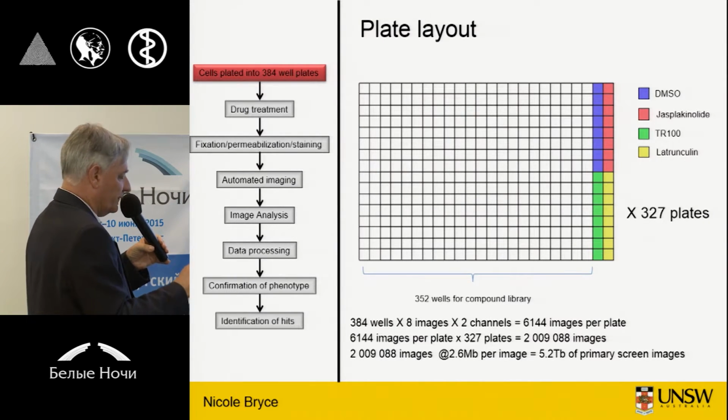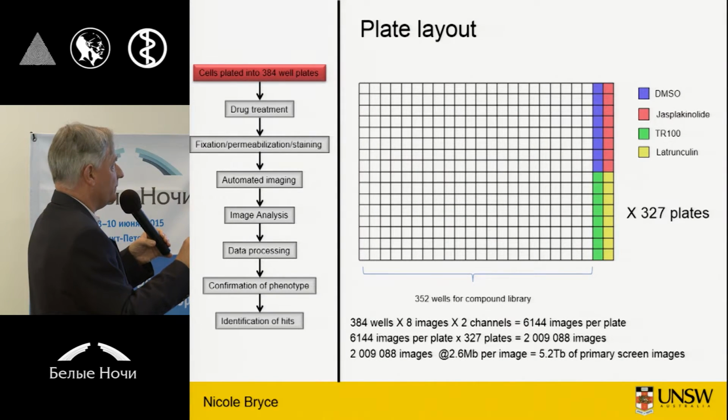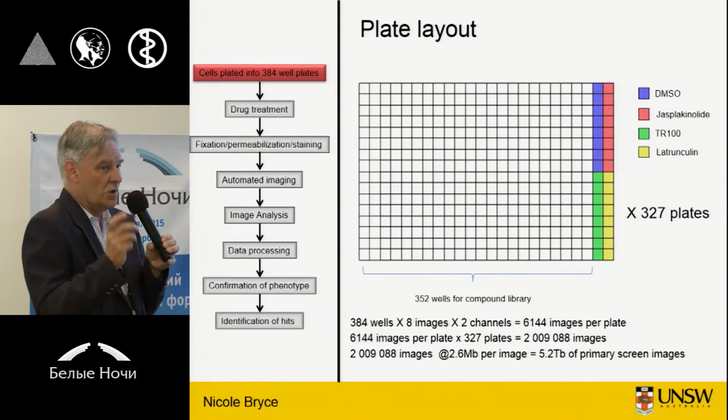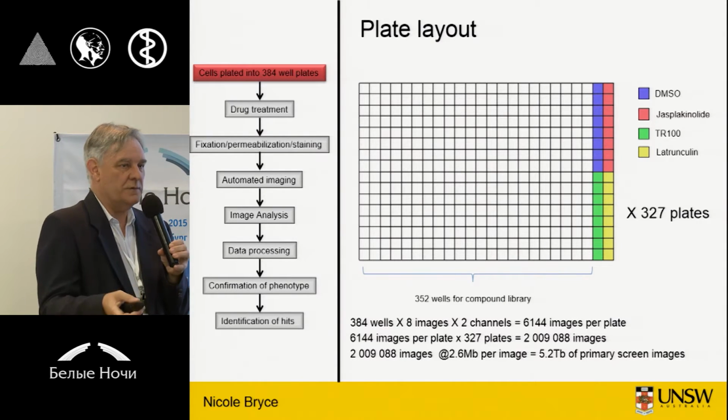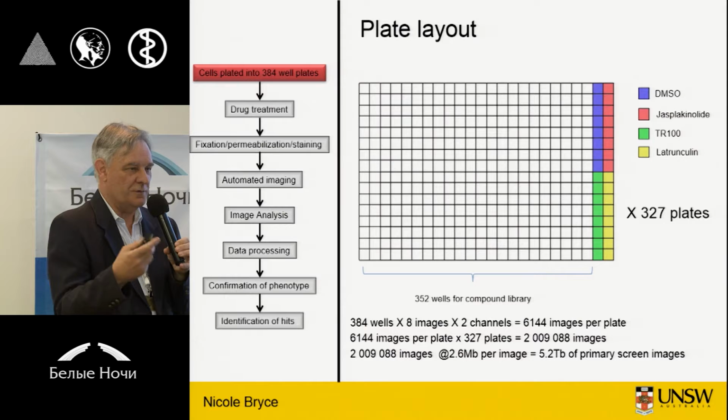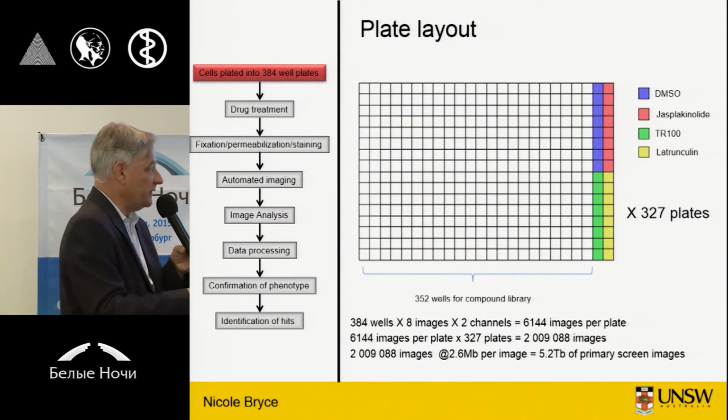The scale of the experiment is that you have in each well, the 384 well plate, your neuroblastoma cells, and in each well a different compound goes in. And what you do is after 24 hours incubation, you then image what has happened to the actin cytoskeleton.